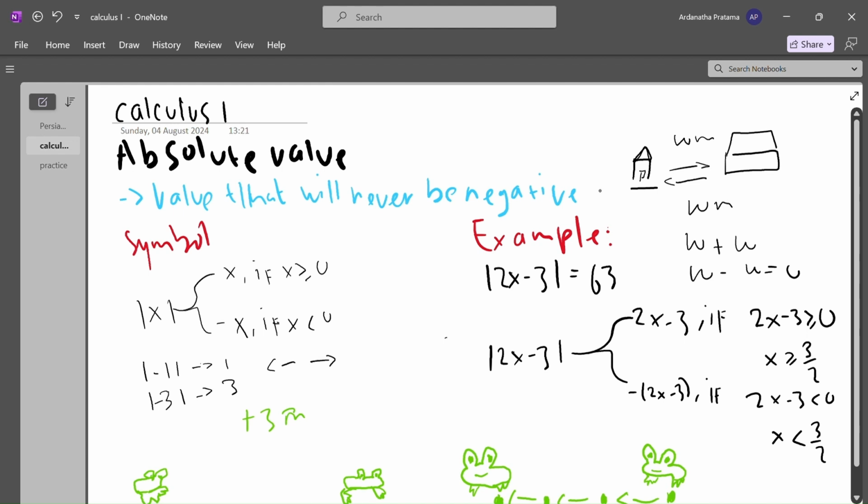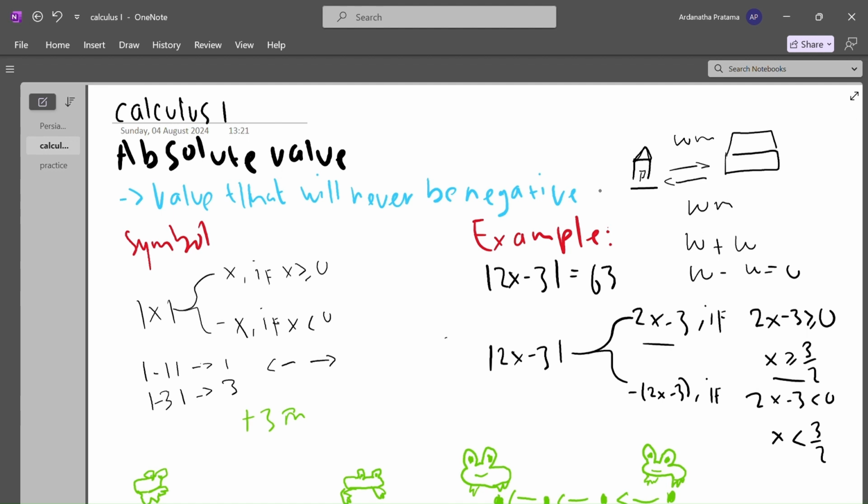Now let's see this example. I put an equation here, in algebra form. The absolute value of 2x minus 3 is 63. There are two possibilities here. It will be 2x minus 3 if 2x minus 3 is greater than or equal to 0, or we can say x is greater than or equal to 3 over 2.